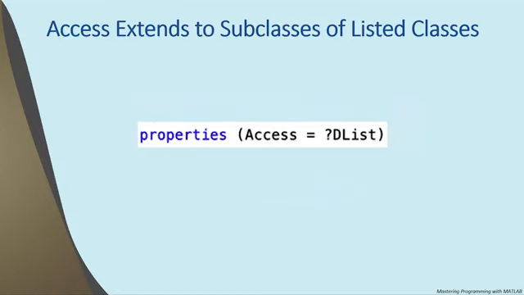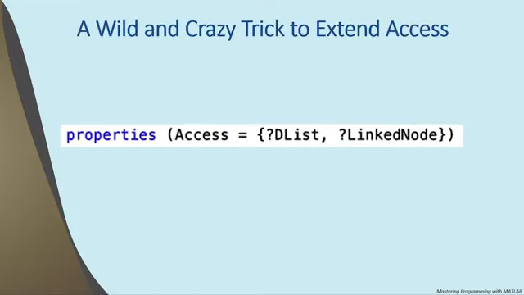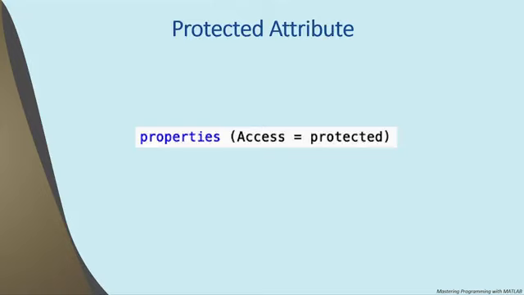We learned that an access list, which we introduced in our previous lecture to allow listed classes to access private properties, extends access also to the subclasses of those on the list. And we learned a wild and crazy trick that takes advantage of that to extend access to subclasses of the class itself. We learned about the protected access attribute, which extends access of the properties and methods of a class to its subclasses, but hides them from all other classes.